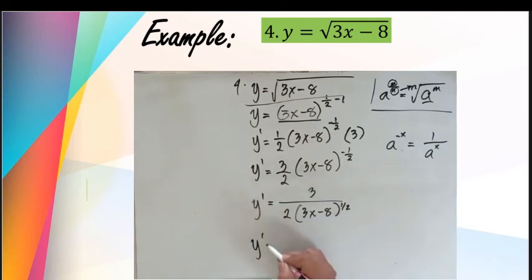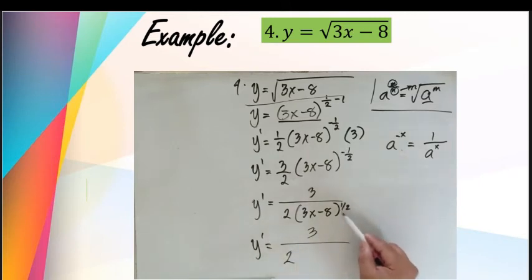We have y prime is equal to, since our main objective here is to put this into its radical form, let's do it. We have 3 all over 2. Since the exponent is 1 half, the index is 2, and there's no need for me to put that 2 here. So I'll just copy my 3x minus 8, the quantity to the 1 power, but there's no need for you to do that because it's automatic that this is being raised to 1.